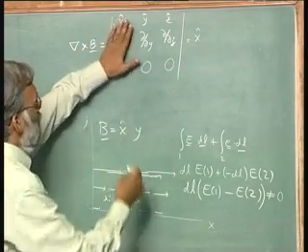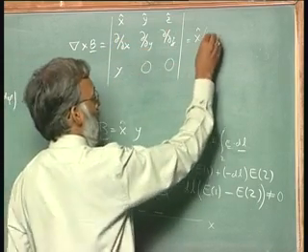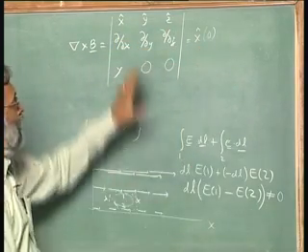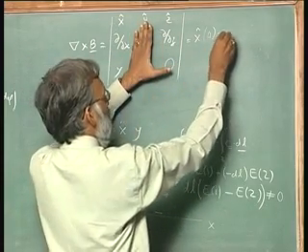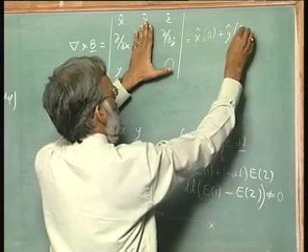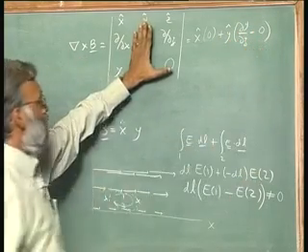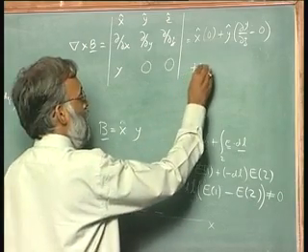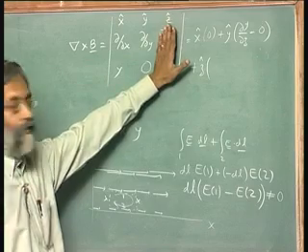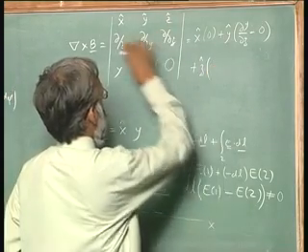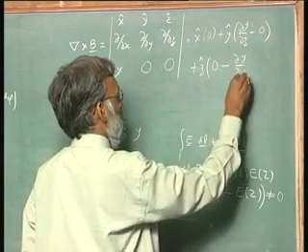X hat, the determinant of this 2 by 2 piece is 0. Y hat, the determinant of this 2 by 2 piece is del y del z minus 0, and the z component is the determinant of this piece, which is 0 minus del y del y.